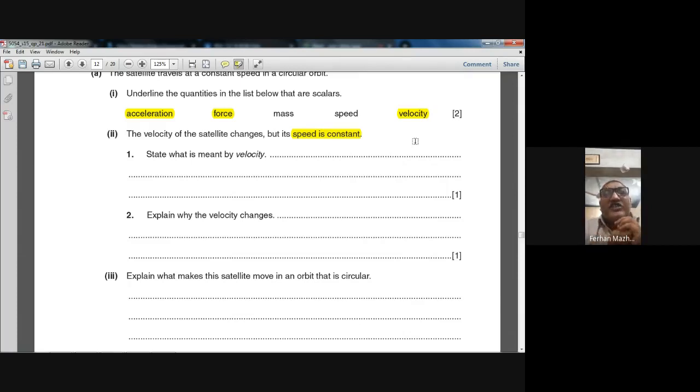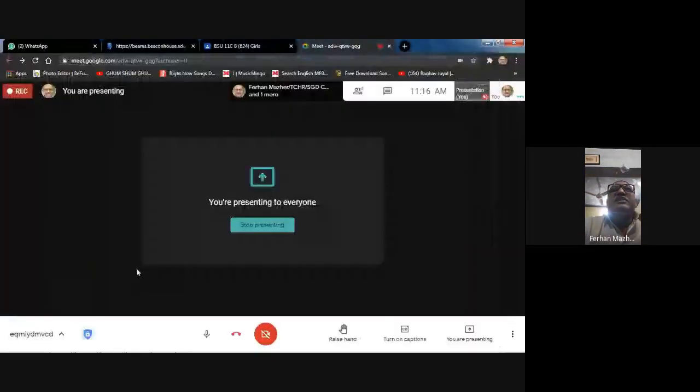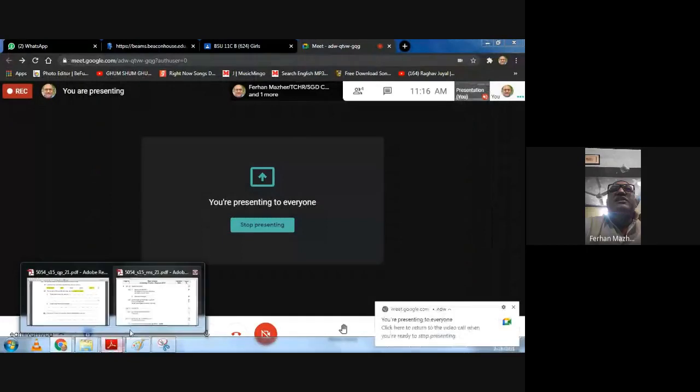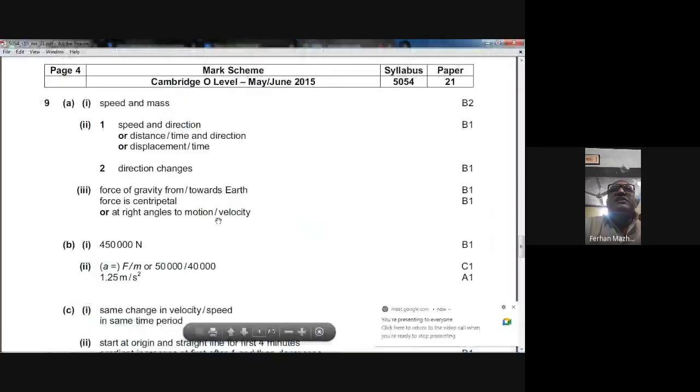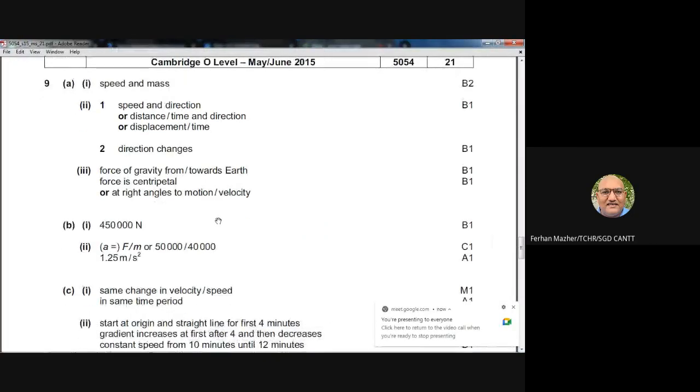Whenever you move in a circular path, your direction is changing, and the velocity is constituted by magnitude and direction. The magnitude, no doubt, is not changing; it's constant, but its direction is changing. That's why we say that the velocity is changing.